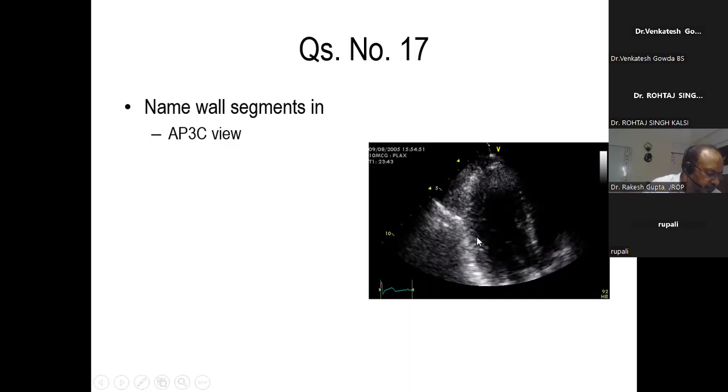So circumflex, basal and mid circumflex, and the whole anteroseptum is LAD. All right. What is the supply of basal anterior septum? So circumflex and LAD only. Remember, it's the D1 branch of LAD. Okay, sir. Right. Good job done.